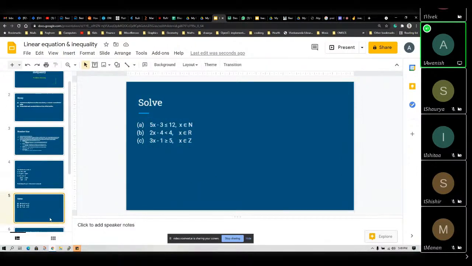Okay. So now let's go to solve a few problems using these basics. We have 5x minus 3 is less than or equal to 12, and x belongs to natural numbers. Can you try solving this? I'll give you a minute.